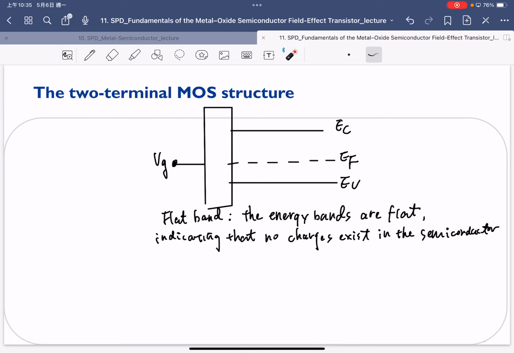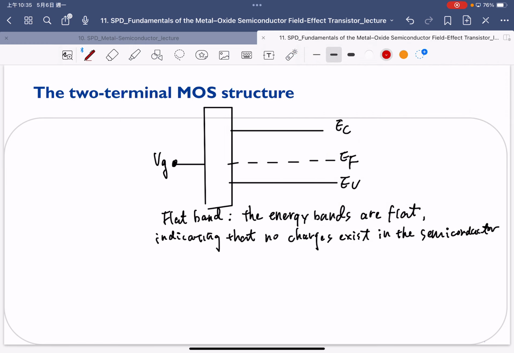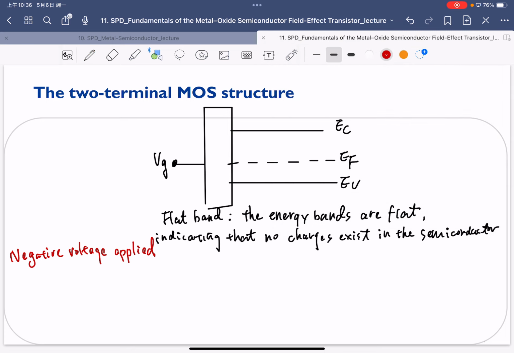And the first one we'll be interested in is just like what we have already discussed previously. We first consider the negative voltage applied. So once we have a negative voltage applied, now the bands start to bend.